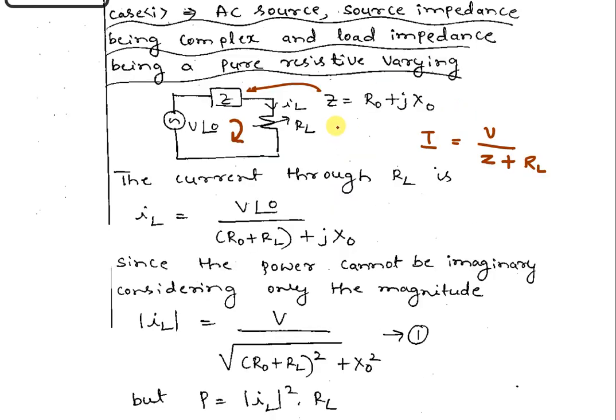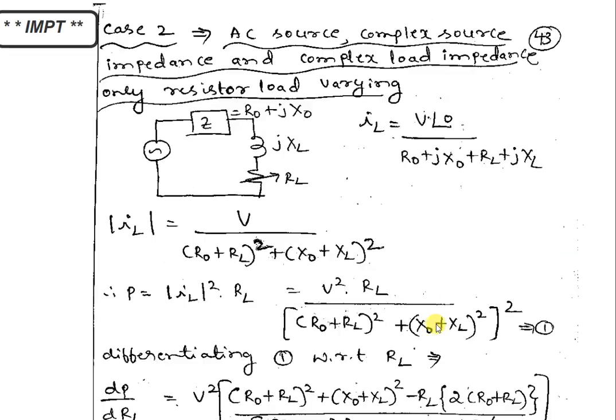That is the second statement. In case of an AC network where the AC source has internal impedance R naught plus jX naught, and the load is pure variable resistance, then for maximum power transfer RL should be equal to the magnitude of this source impedance. This you have to prove.